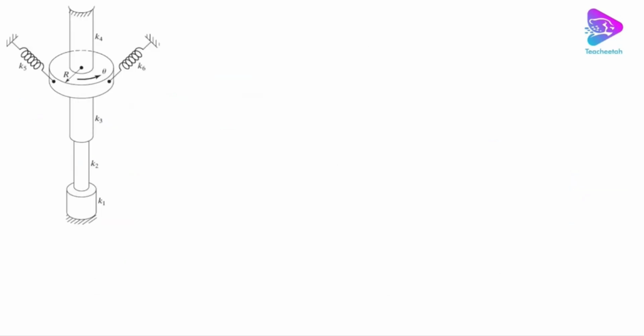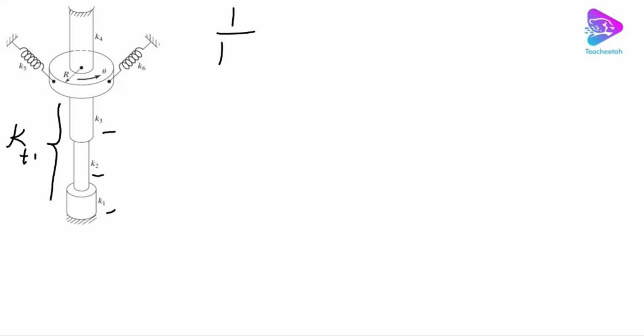Okay, so let's look at these three shafts, K1, K2, and K3. K1, K2, and K3 are in series connection. So instead of them, I'm gonna use KT1. KT1 is the equivalent stiffness of K1, K2, and K3. And how can we find it? The series connection formula.